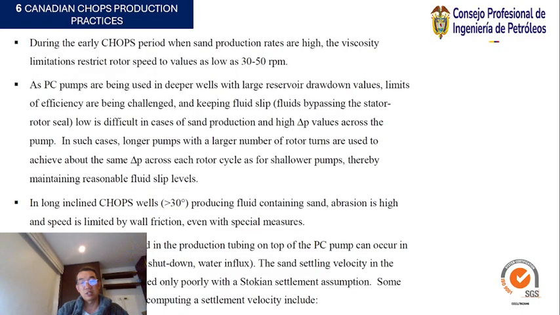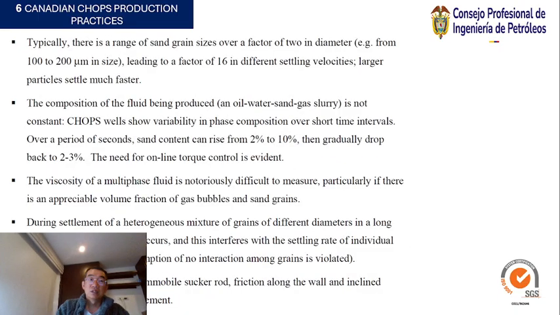Some challenges arising in computing a settlement velocity include that typically there is a range of sand grain size over a factor of 2 in diameter, from 100 to 200 microns in size, leading to a factor of 16 in different settling velocities. Larger particles settle much faster.